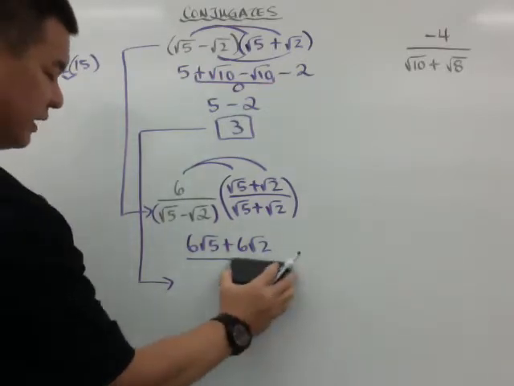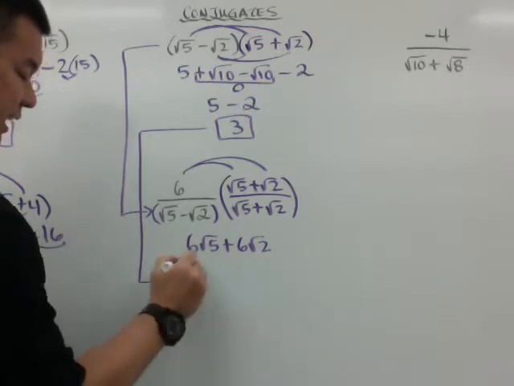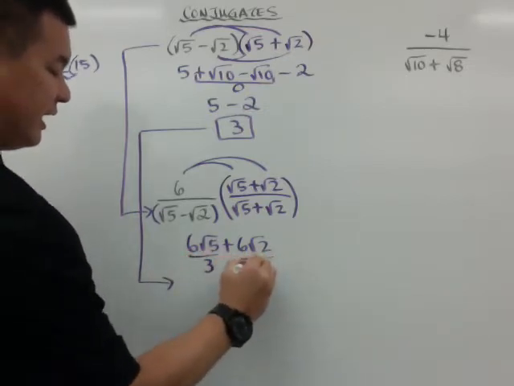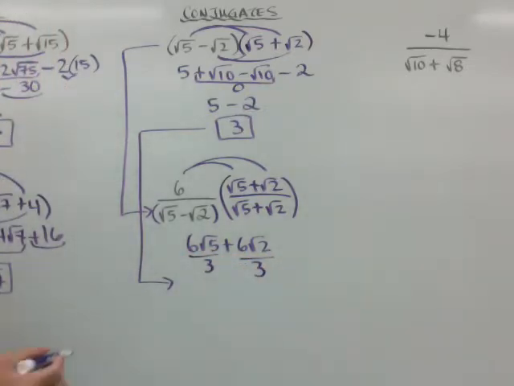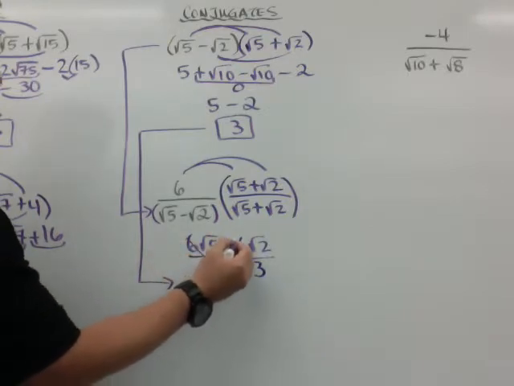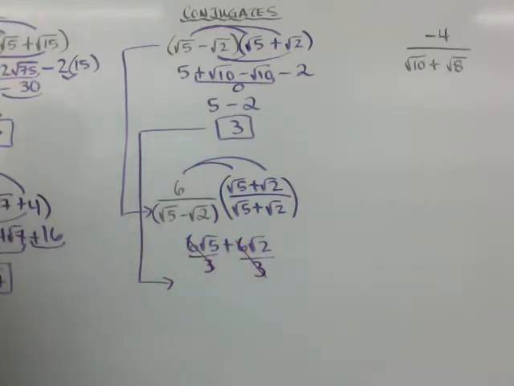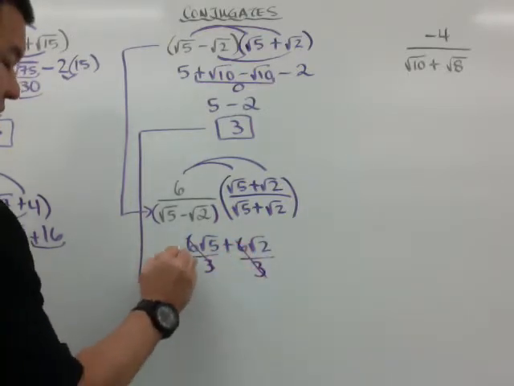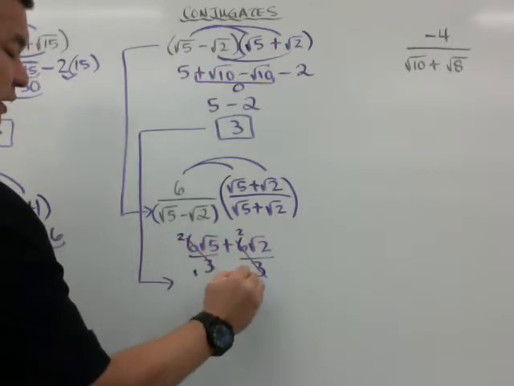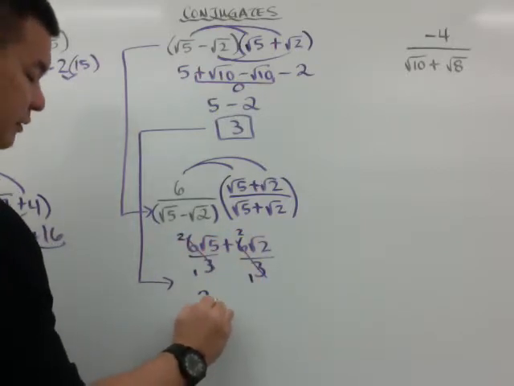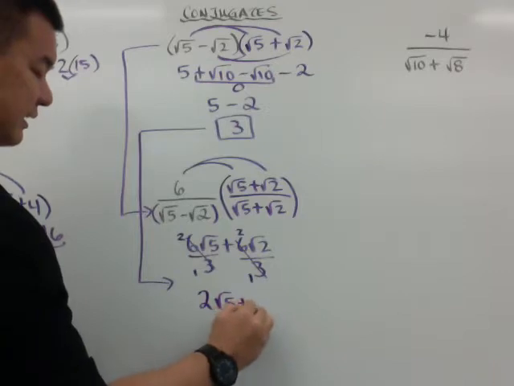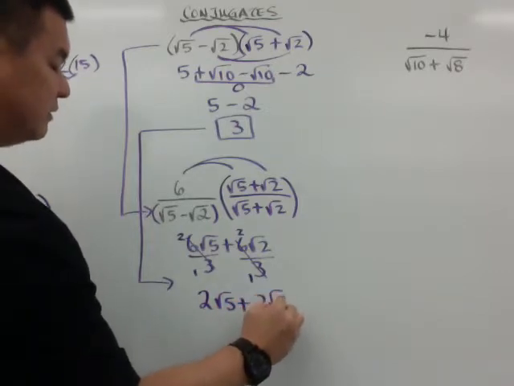Because if I separated it and put this over 3 and this over 3, you can see that the 6 and the 3 can cancel down, and this 6 and the 3 can cancel down. And I would be left with a 2 and a 1 and a 2 and a 1. So I'd be left with 2 radical 5 plus 2 radical 2.